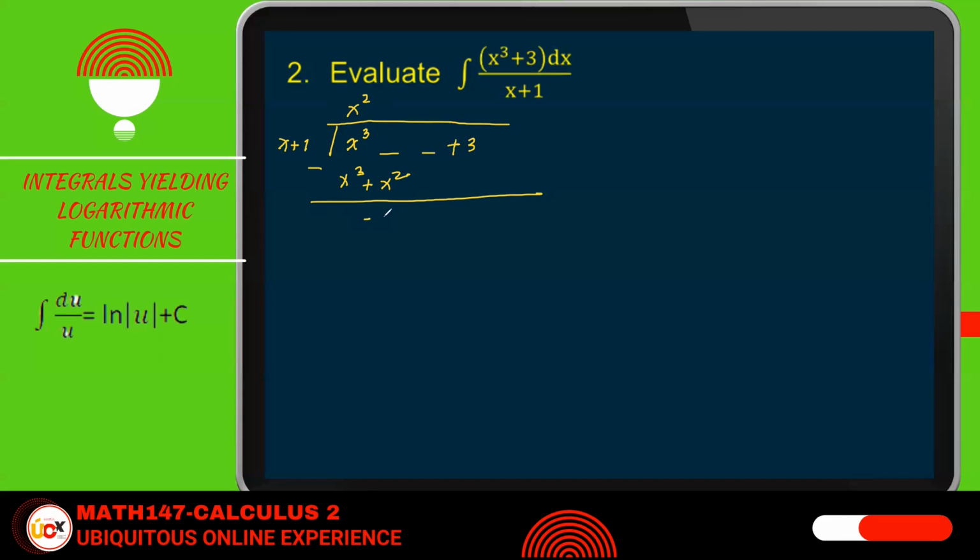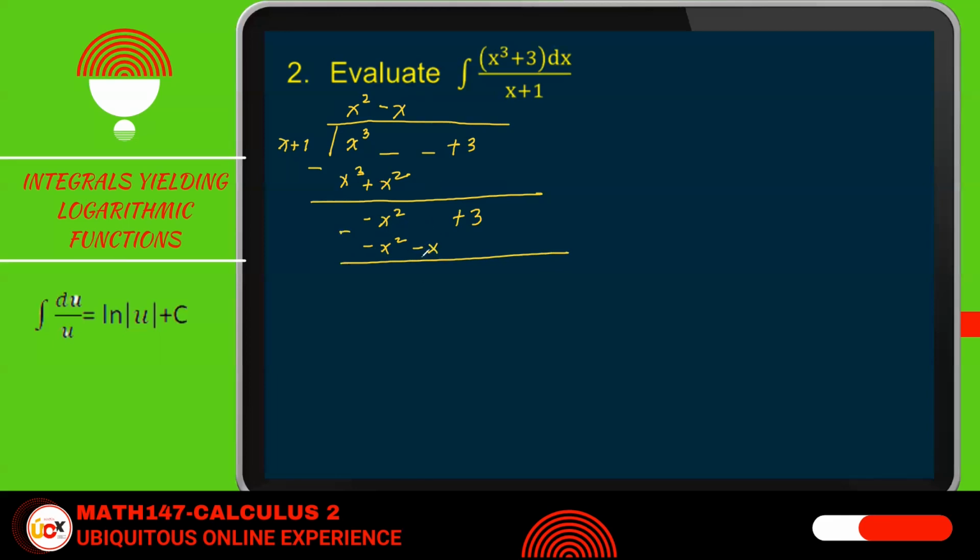Then 0 minus x squared is negative x squared. Then plus 3. Then do the same. You divide the first term of the new dividend by the first term of the divisor, so negative x squared divided by x is negative x. Negative x times x is negative x squared, and negative x times 1 is negative x. Then subtract, so this is 0.